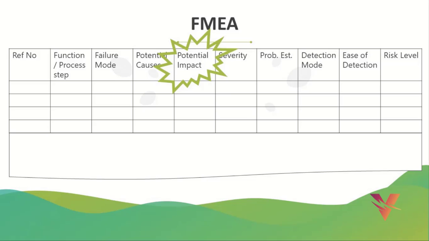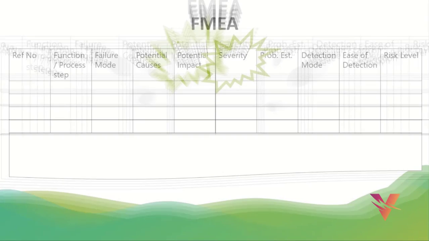So what is the impact on key output variables or on internal requirements, for example, and sometimes this is split into local effects and system wide effects. Indeed, for a very complex system, that could be effects at different layers within the system all the way up to the system wide.